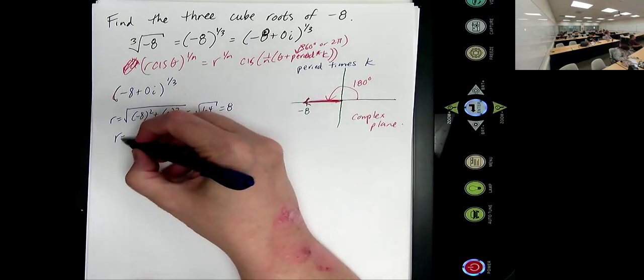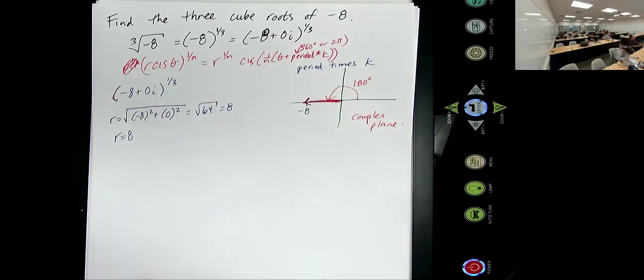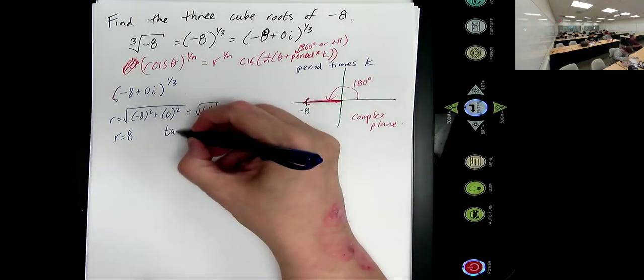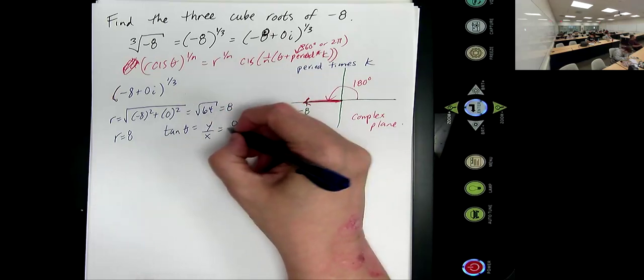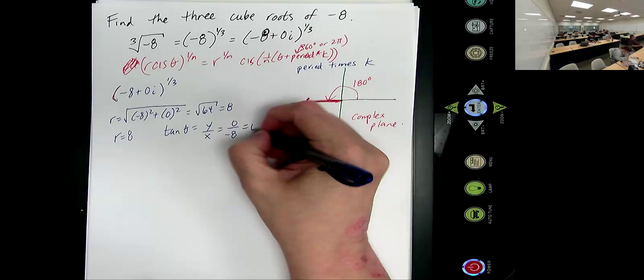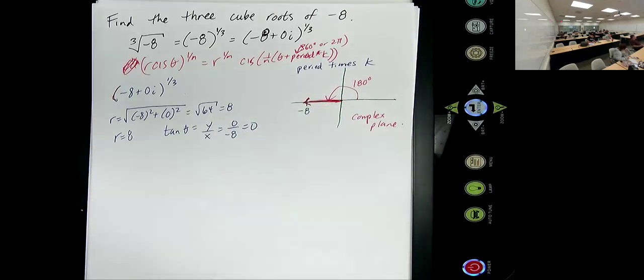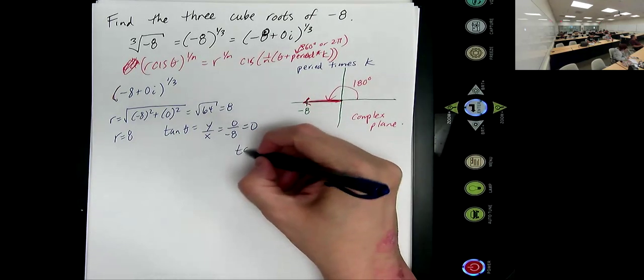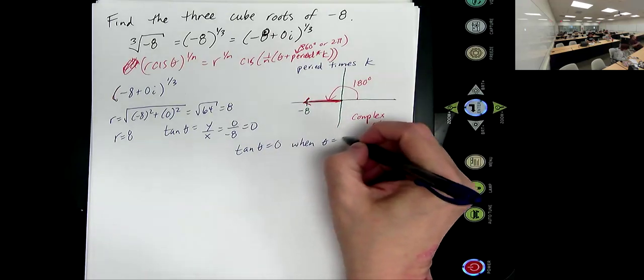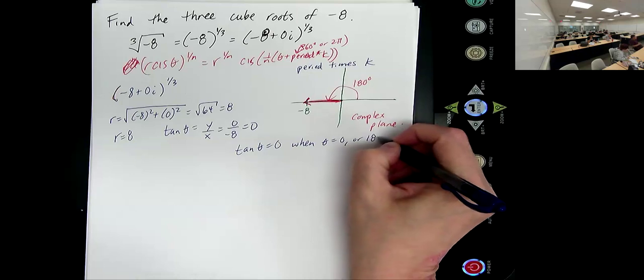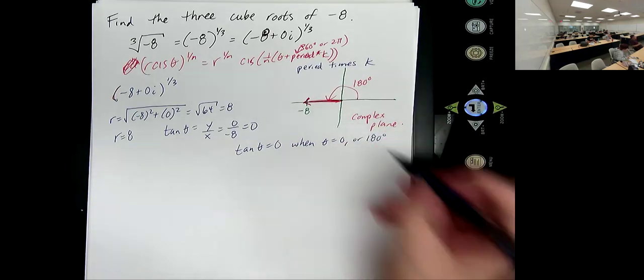So r equals 8. And if we want to do the tangent of theta, we can, which is 0. Tangent theta equals 0 when theta equals 0 or 180, or any multiple of it.